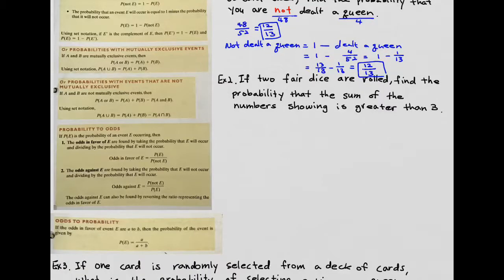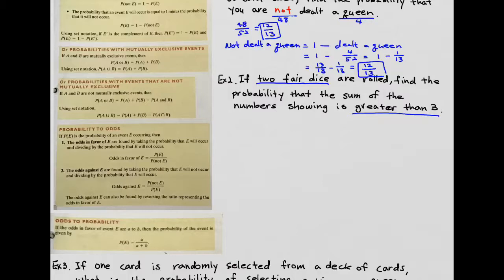Let's do another example. Example 2: If 2 fair dice are rolled, find the probability that the sum of the numbers shown is greater than 3. When it says greater than 3, and you're rolling 2 dice, since each die goes up to 6, the sum could be 12.